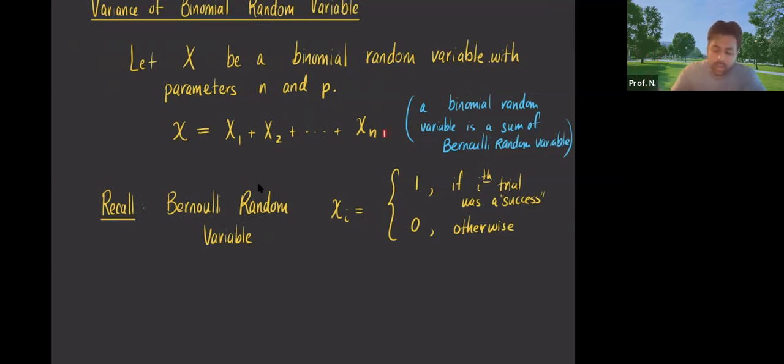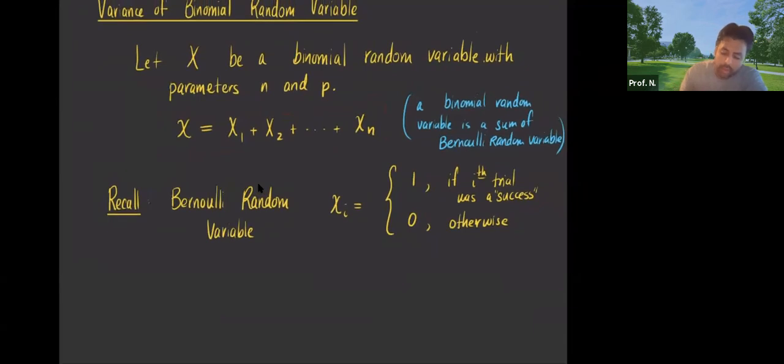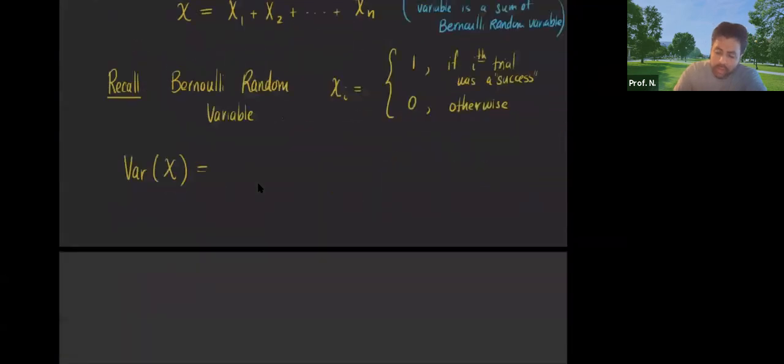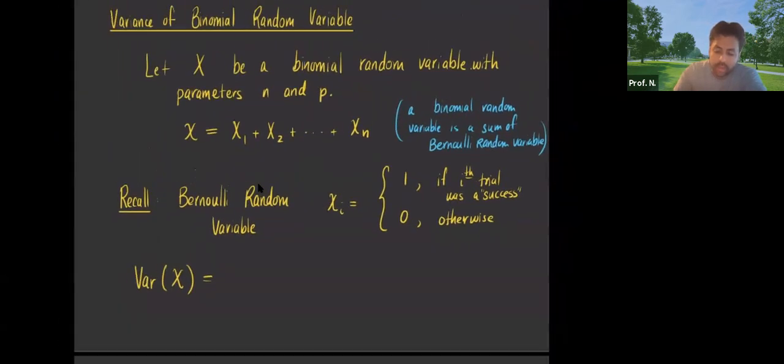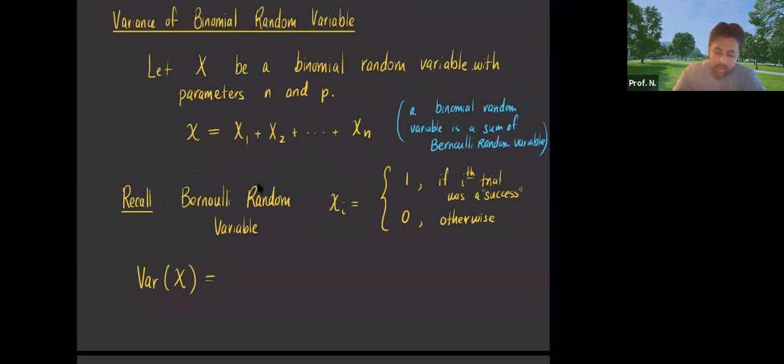It's very nice, and you'll see, hopefully, why. So why am I doing this? Because my goal here is to find the variance of X. I don't think we discussed the variance for binomial random variables as of yet. We know the expected value. So recall one more thing too: the expected value of the binomial random variable is np.